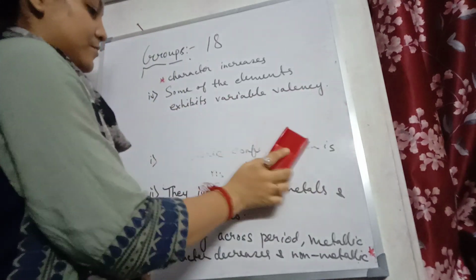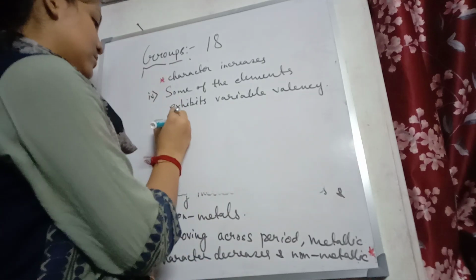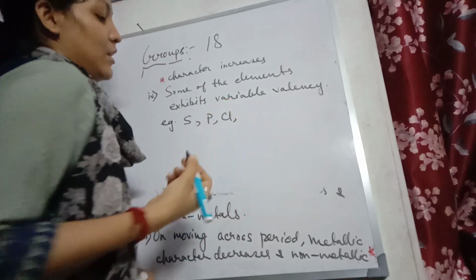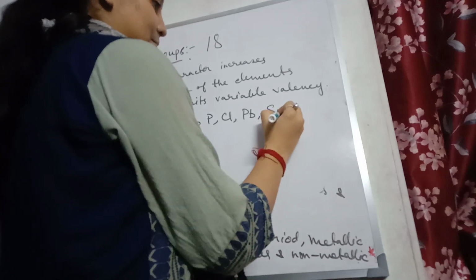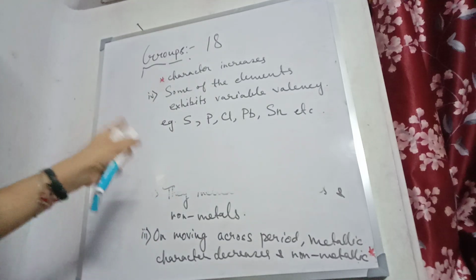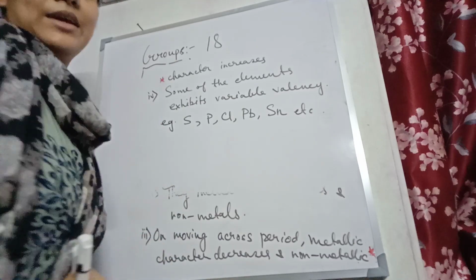Examples are sulfur, phosphorus, chlorine. Then we have lead, we have tin, etc. So many examples here. Right? So these are the elements of the P block which show variable valency.